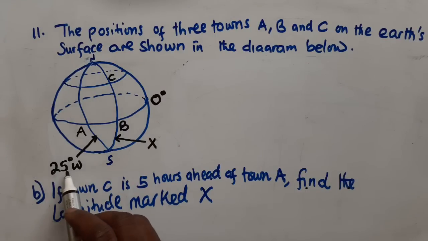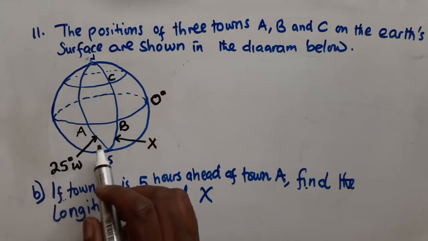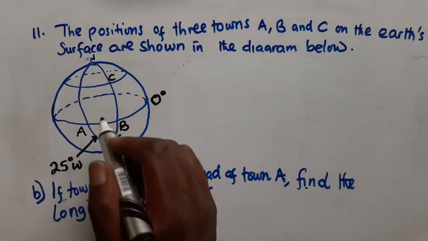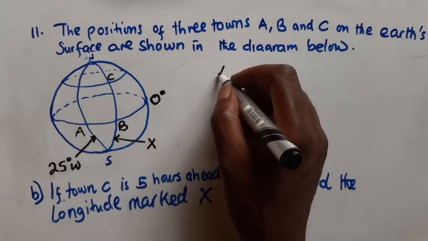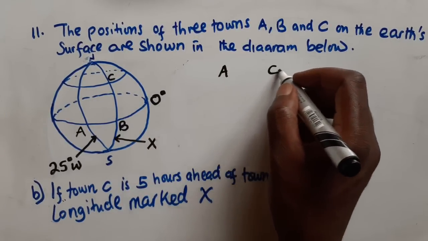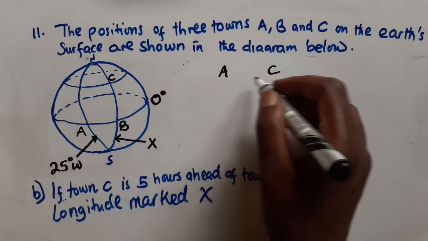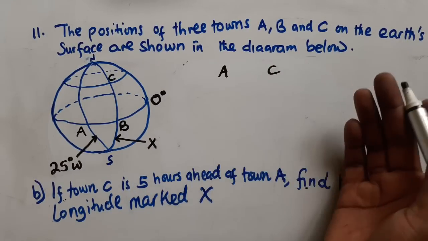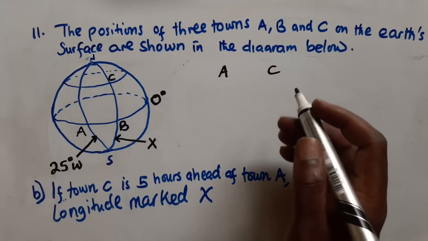Know that if we have this point here, A and C, their difference in time is 5 hours.